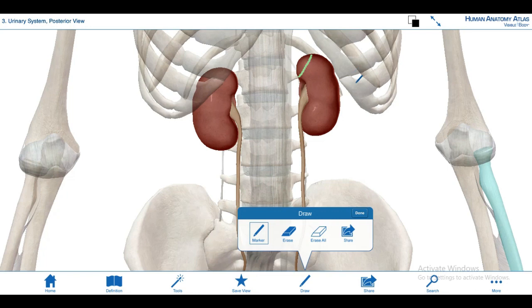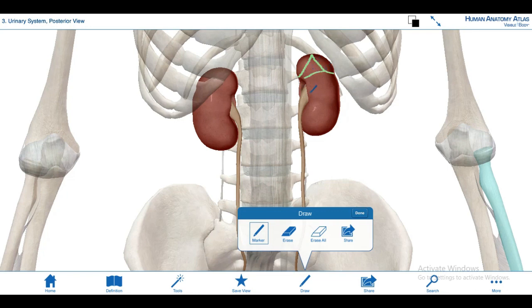We also know that the spleen is situated in the left hypochondriac region, so this area is for the spleen. Then the stomach is situated here, and the body of the stomach goes like this. So this area is for the stomach.